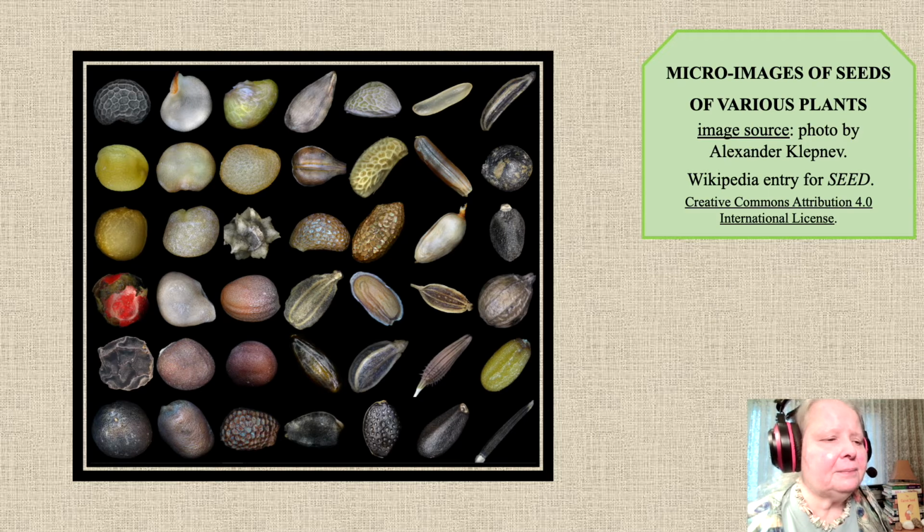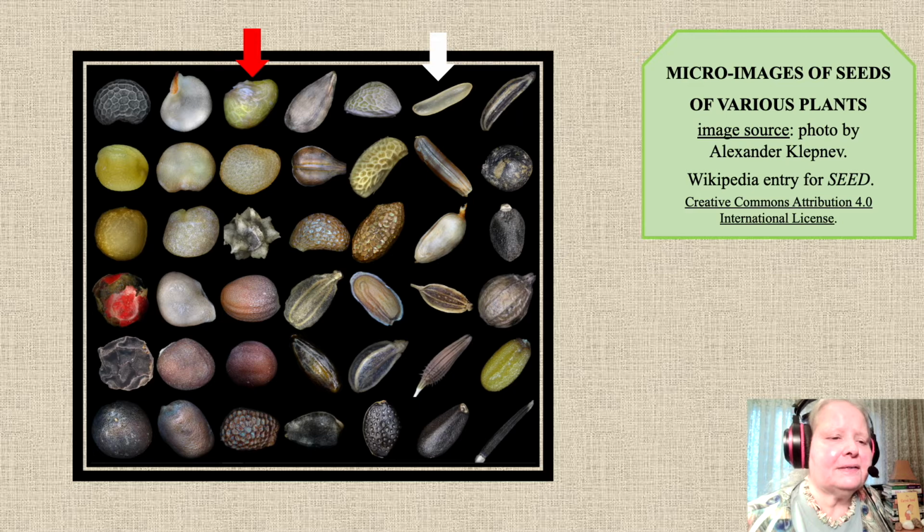Then we learned about these two seeds in the top row. The first will grow into a strawberry plant, and the white arrow points to the seed of a piece of grain known as Asian rice.